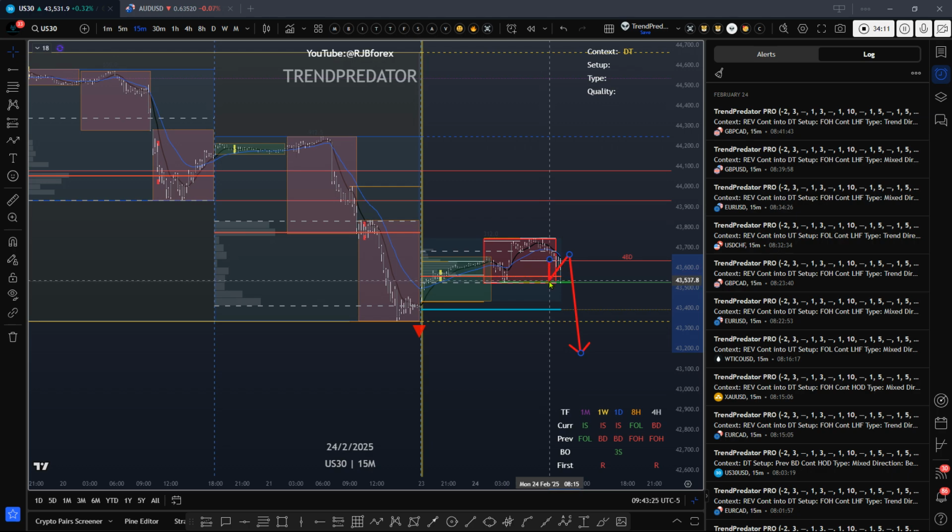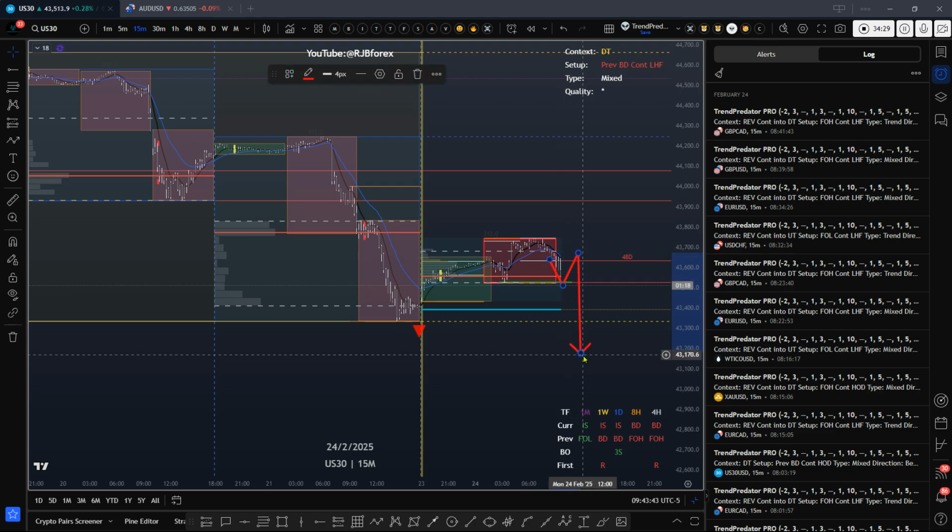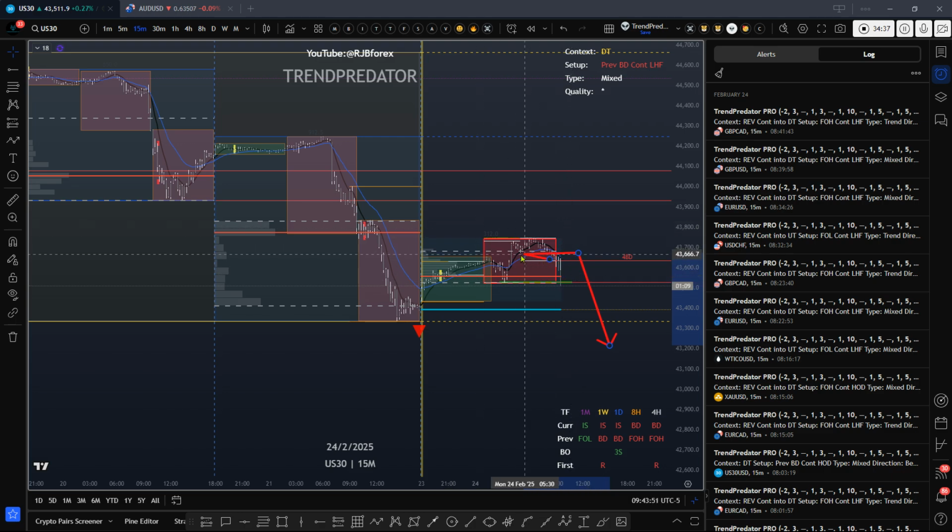But then we've got this fake out low to contend with, which isn't ideal. So I'm wondering if the trap's already been set. Death line.